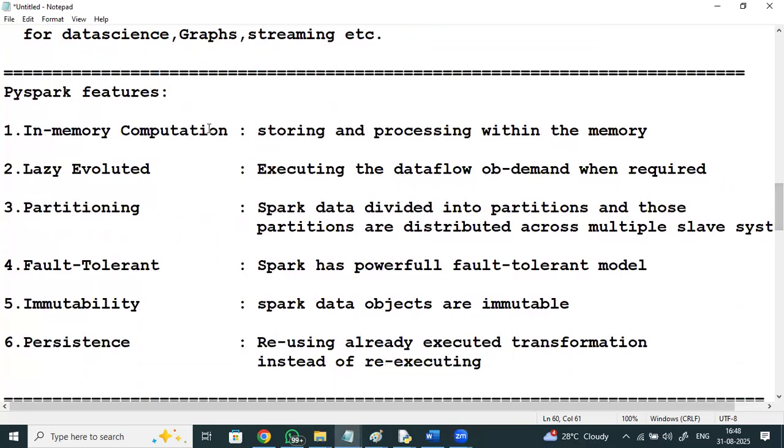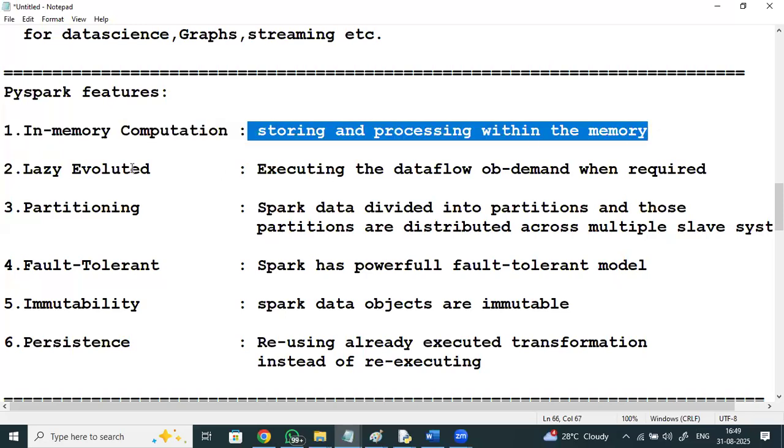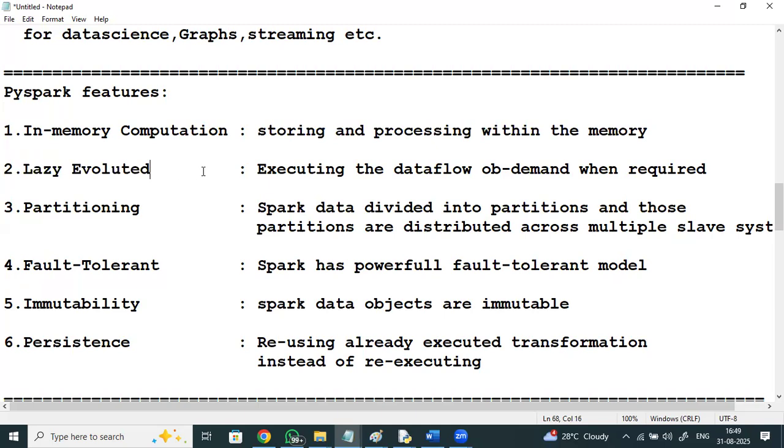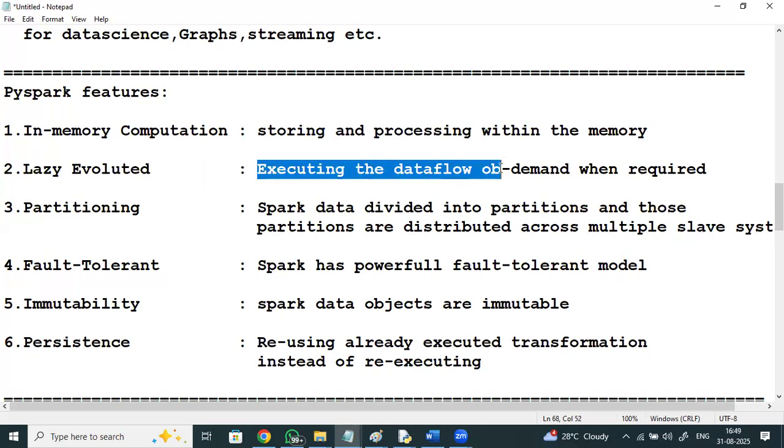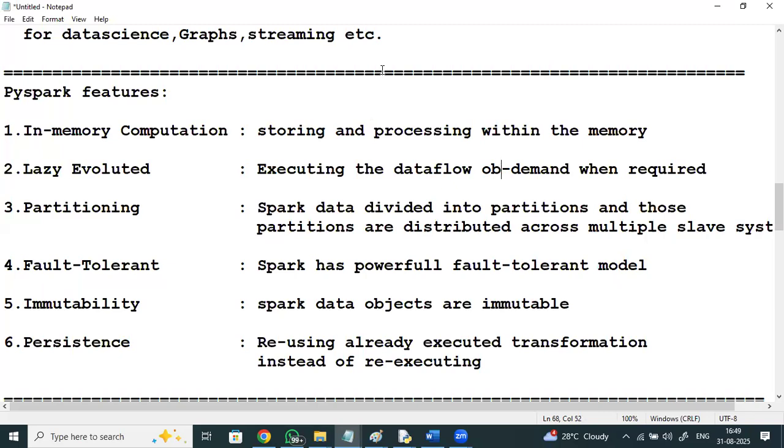PySpark main features. In-memory computation, where storing and processing both happen at the memory level. Lazy evaluation, executing the data flow on demand. Lazy evaluation means whenever required, only then will the data flow be executed.